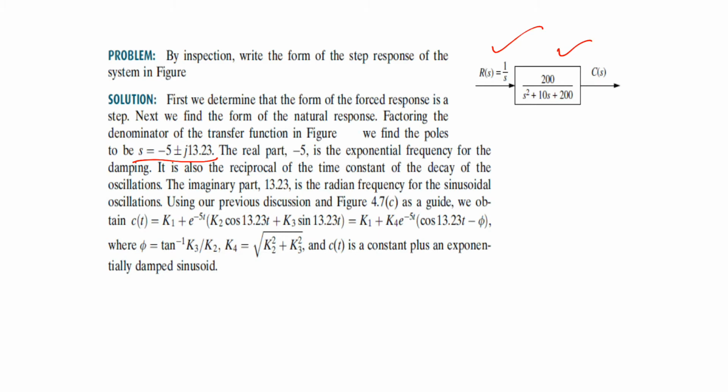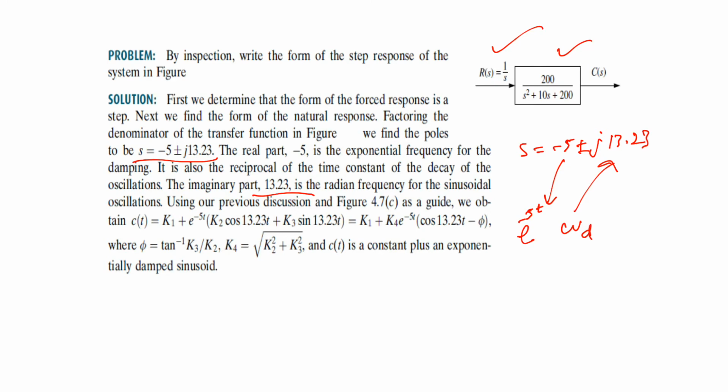The real part, minus 5, is the exponential frequency of damping, that comes with e to the minus 5t, and the imaginary part, 13.23, is the radian frequency for the sinusoidal oscillation, that is omega d.